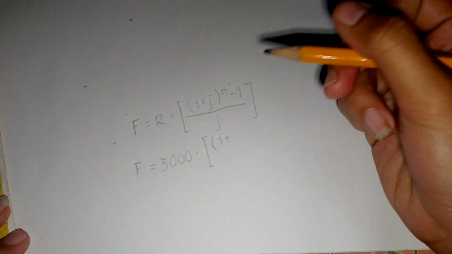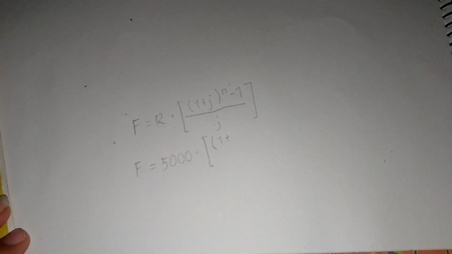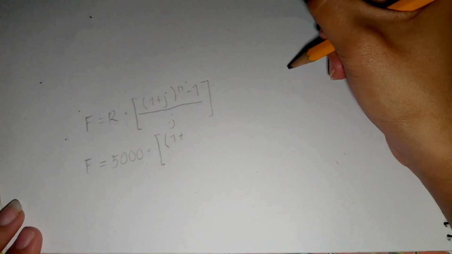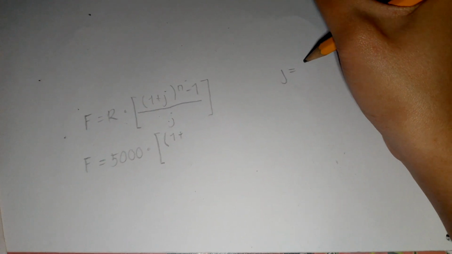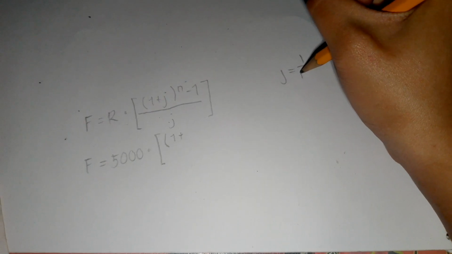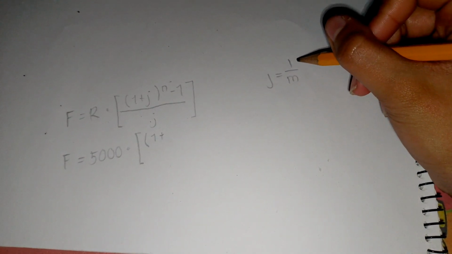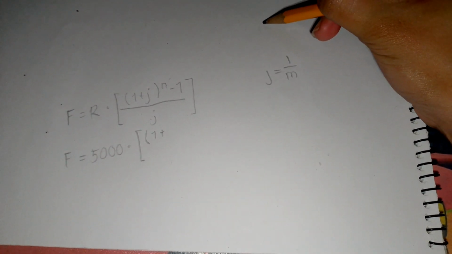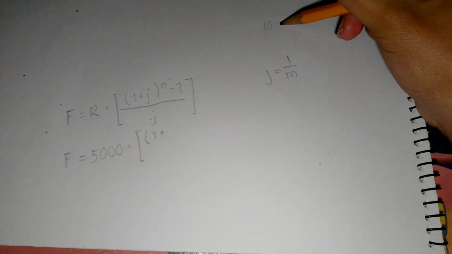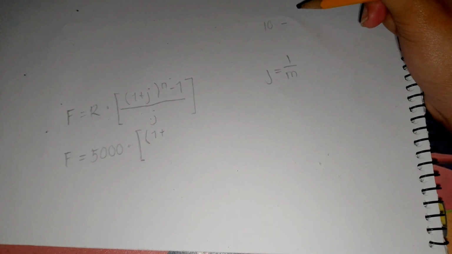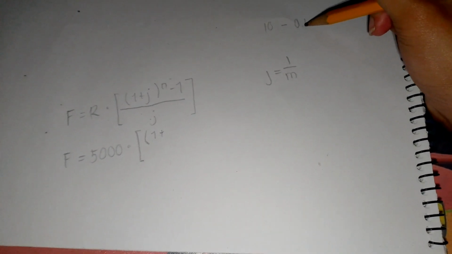1 plus, so kailangan natin kunin yung value ng J. So gagamitin natin yung formula na J equals I over M. So ang letter I natin ay 10%, pero papalitan natin siya from 10% to 0.10.